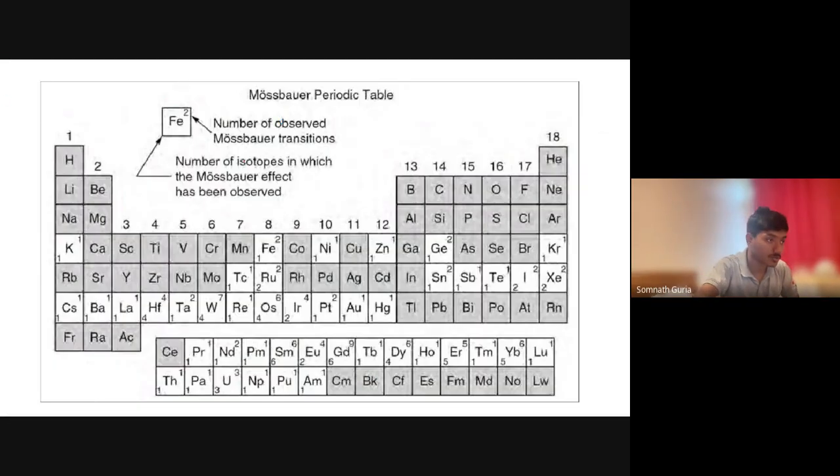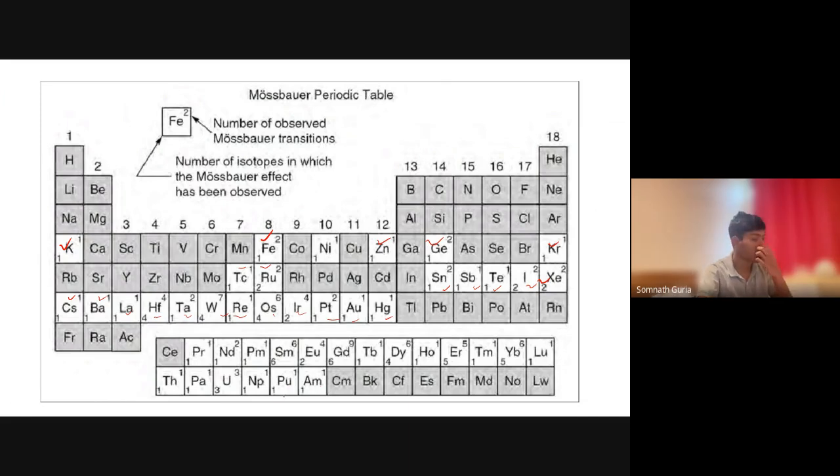So all the white colored ones are called iron, potassium, cesium, technetium, ruthenium, zinc, gallium, krypton, xenon, iodine, tellurium, antimony, tin, and all the lanthanides, cadmium, tellurium, tungsten, rhenium, osmium, iridium, platinum, gold, mercury, barium, and some actinides called thorium, polonium, uranium, neptunium, plutonium.